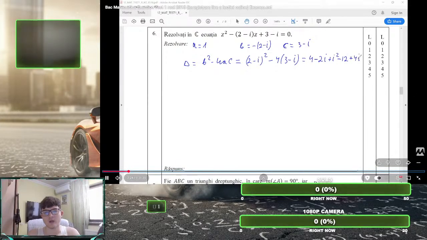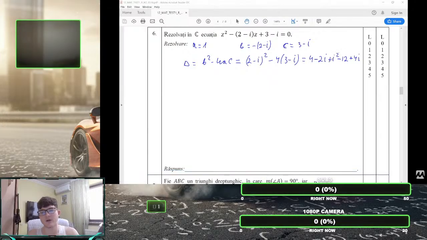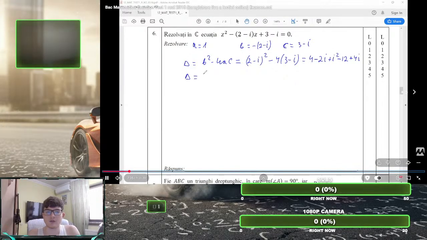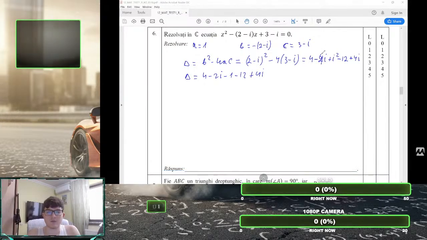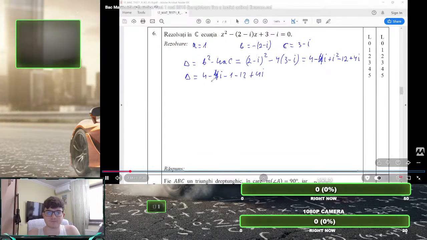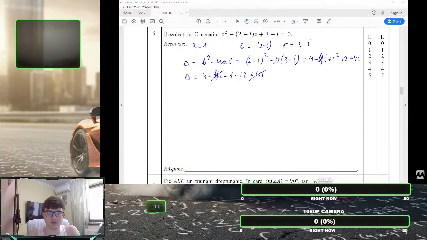And you do know that i to the second power is minus 1, so you're going to place that. So you place that, and you will have essentially the simplified, and you will have basically minus 9.